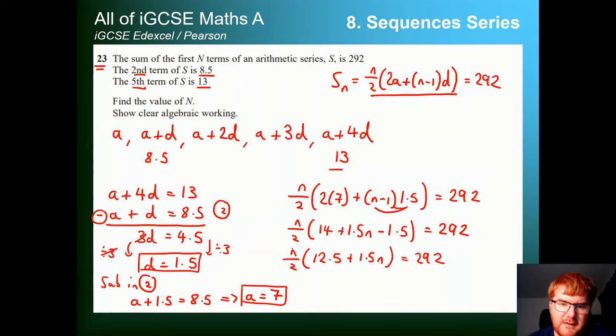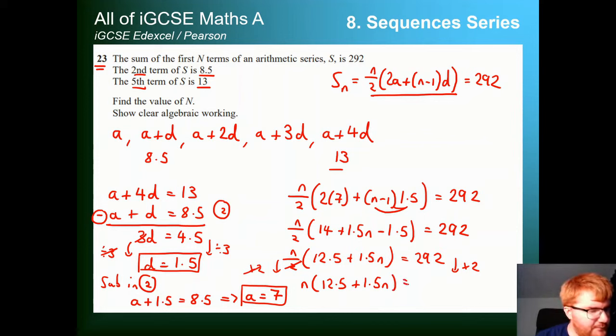And at this point, we'll now deal with this divided by 2. There's a common tactic in these kind of questions, just to multiply the whole equation by 2. And that will remove this fraction and cancelling through. So we get n brackets 12.5 plus 1.5n is equal to, then we do 292 times 2, so that's 584.